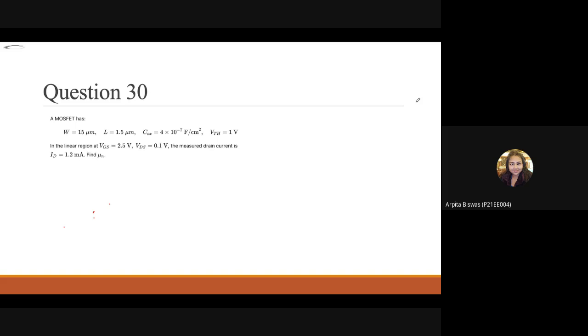In the linear region, whatever the equation of ID is, just write it. The value of ID is given, and VGS, VDS and all these things are given. So you have to find out the value of mu.